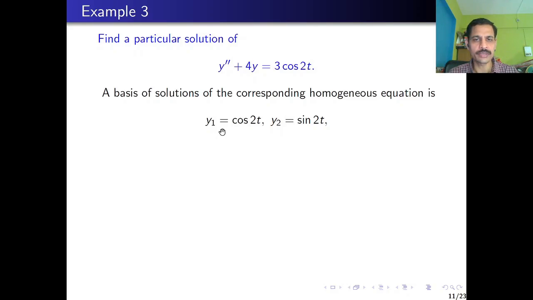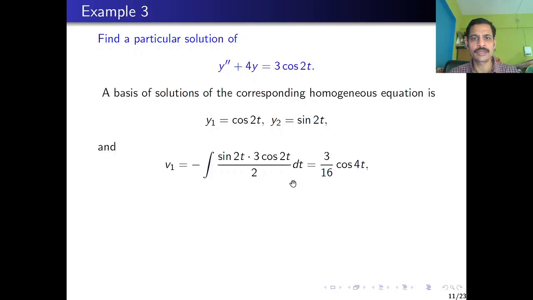Now we want to use the method of variation of parameters, so we have to calculate the Wronskian. The Wronskian in this case comes out to be 2, and so we can compute v1 using the formula that we know from the previous slide. For v1 we have minus y2 that comes here, then r(t), that is 3 cos 2t, divided by the Wronskian, that is 2.